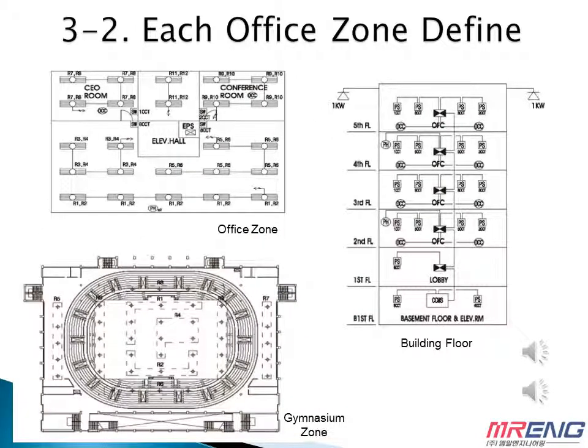To use our lighting control system, I will first define the control concept for each zone. In the office building, the office zones from the 2nd floor to 5th floor are identical. The elevator hall, conference room, CEO room areas are separated by 2 relay zones. The open office area is a 4 relay zone, and the window side is a 2 relay zone.